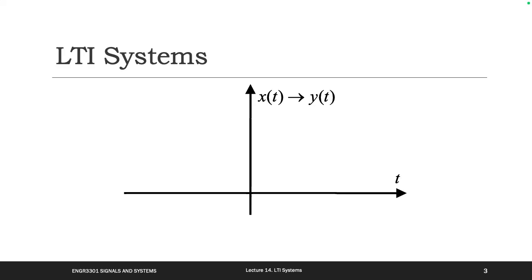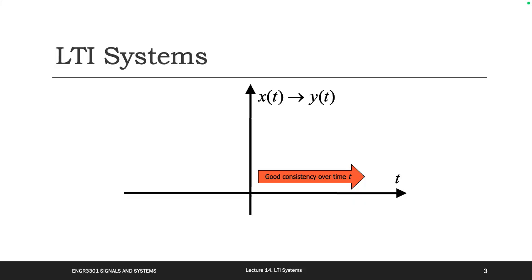For the time invariance, if this system is time invariant, what does that mean? Which means the system will not change as time passes. It has good consistency over time t.